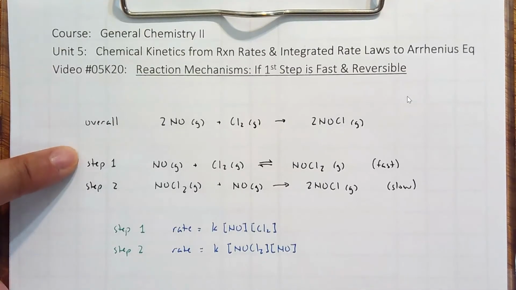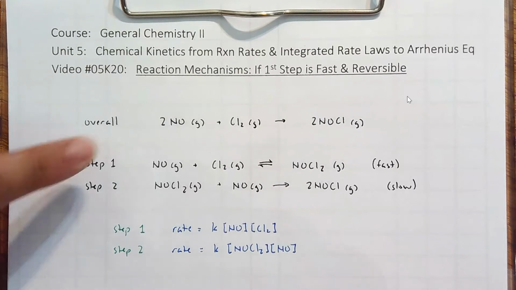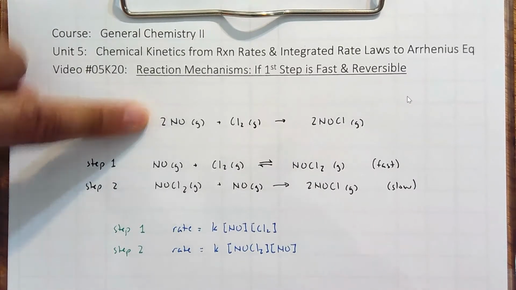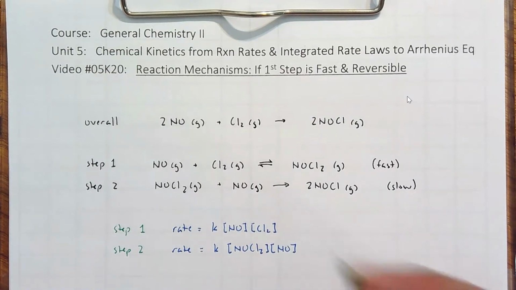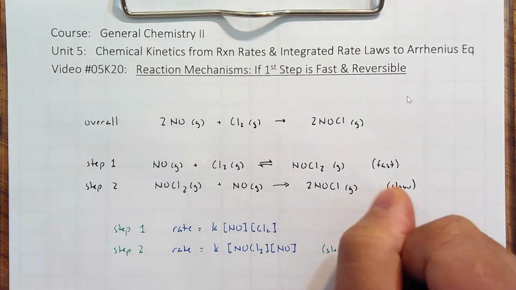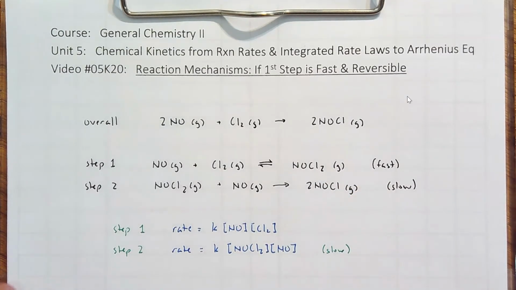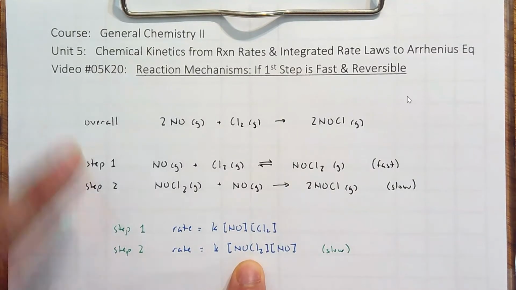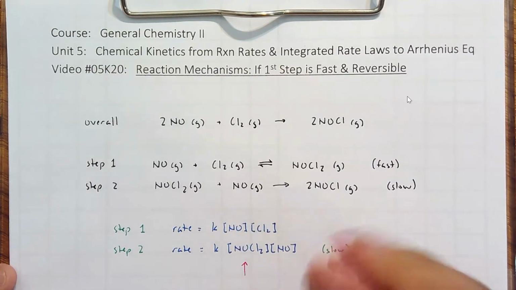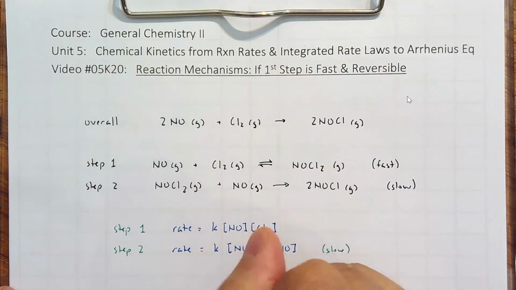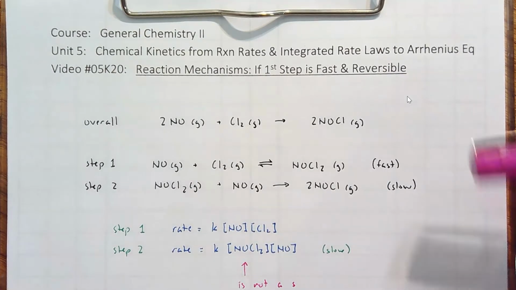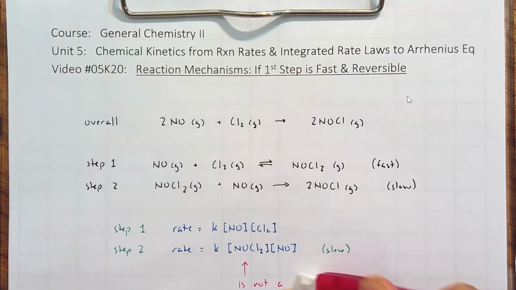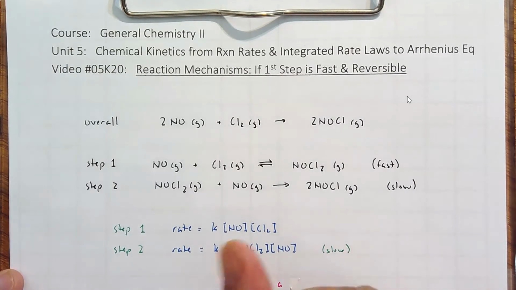If step 1 is slow, then the overall rate law expression would be this exactly. But it's not. This is the slow step. The problem with this is that we cannot use this directly as a rate law expression for the overall reaction, because this molecule right here is not a reactant of the overall reaction.